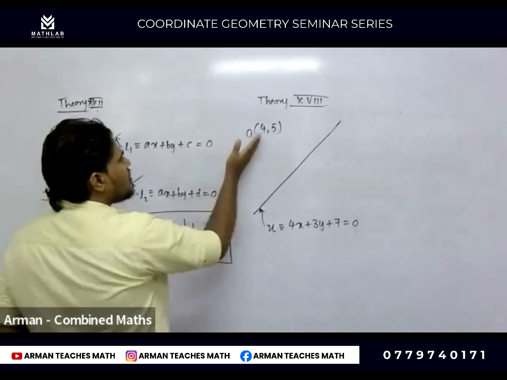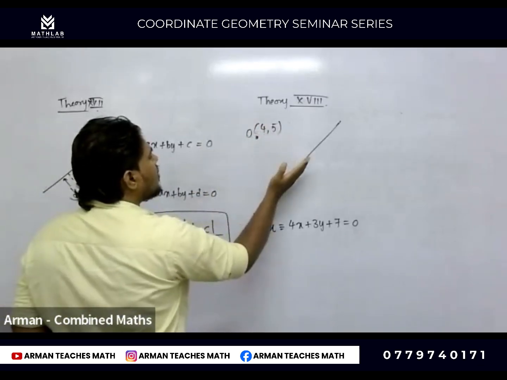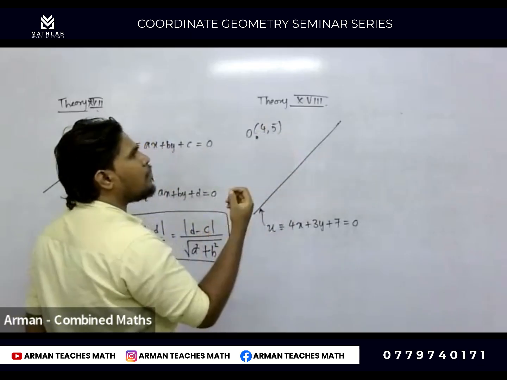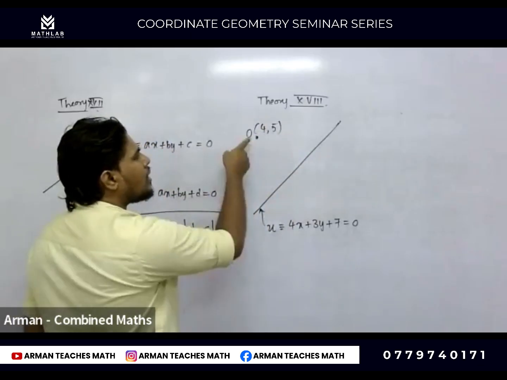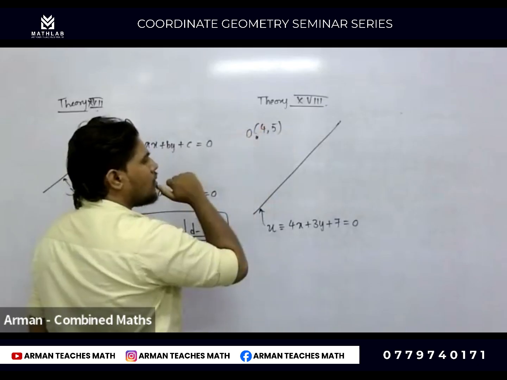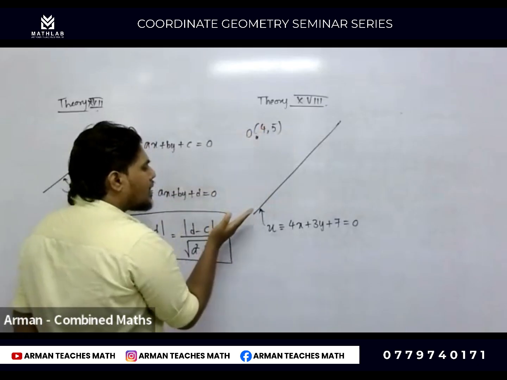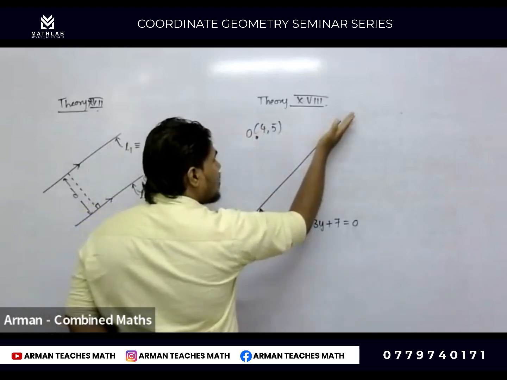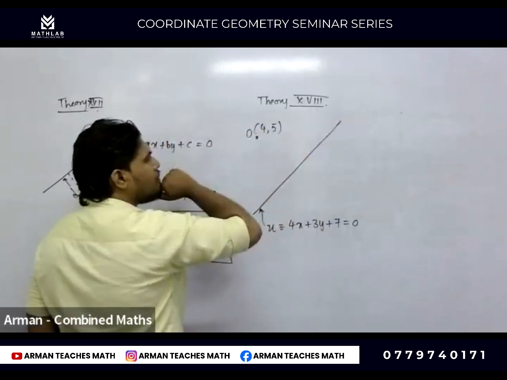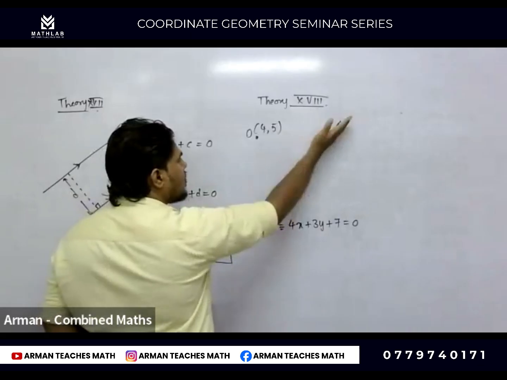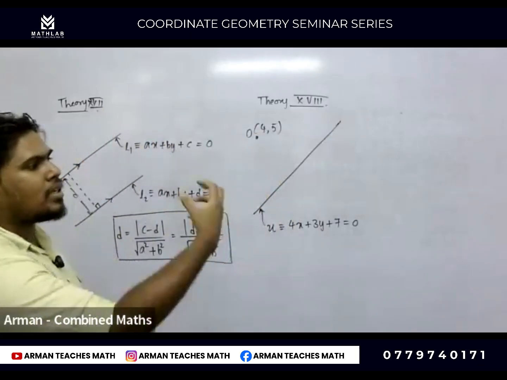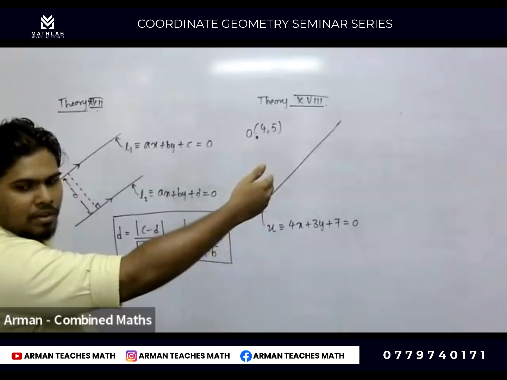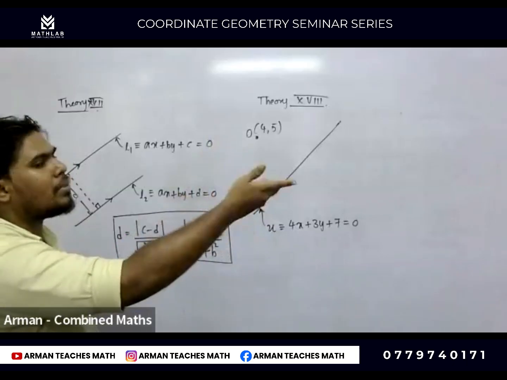So this point's reflection on the straight line segment is what we are going to calculate now, the position of it. Where is the reflection of this O? We are thinking of the straight line segment as a mirror. If you see your reflection in the mirror, we say our reflection is on the mirror, right?